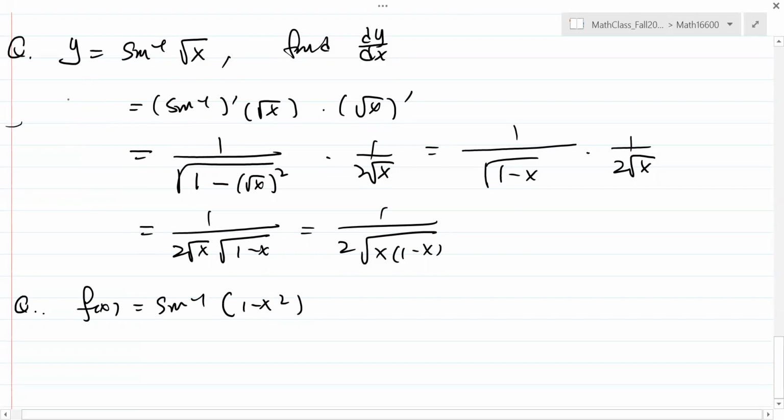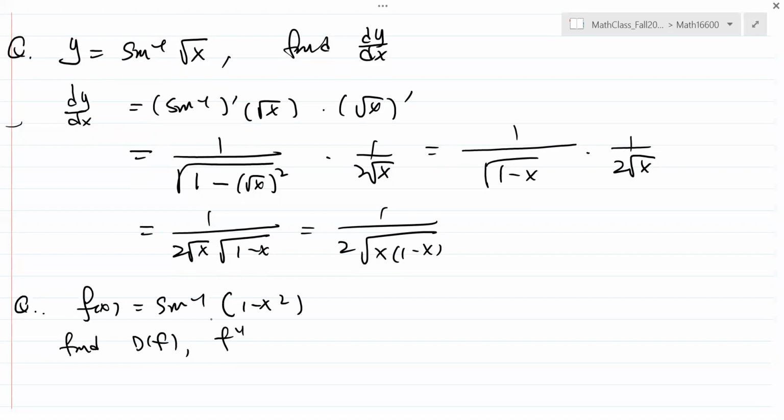We want to find, first, the domain of f, then the derivative of the function, and the domain of the derivative. So there are three questions here.